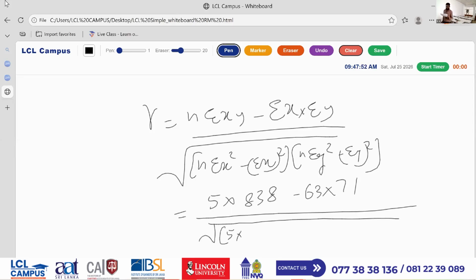Again 5 into sigma x squared, 881, minus 63 squared, plus again 5 into sigma y squared, 1049, minus sigma y squared, 71 squared. After you simplify, tell the answer.